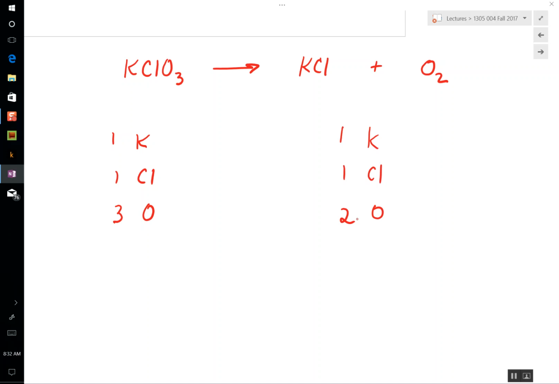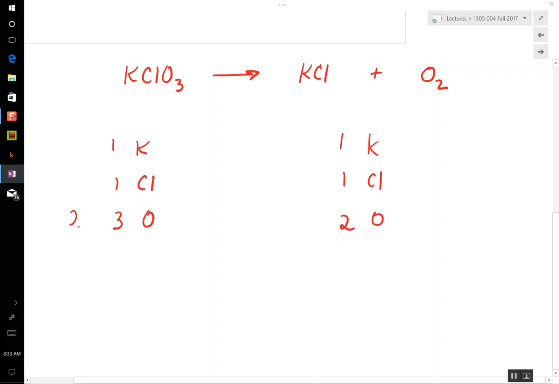Okay, I think most of you are getting this. You can see that oxygen is what you have to attack here. We've got 3 on the one side and 2 on the other side. You can't get that balanced except with fractions. We wouldn't want to do it with fractions, so we want a whole number. So 2 times 3 is 6 oxygens, and 3 times 2 is 6 oxygens.